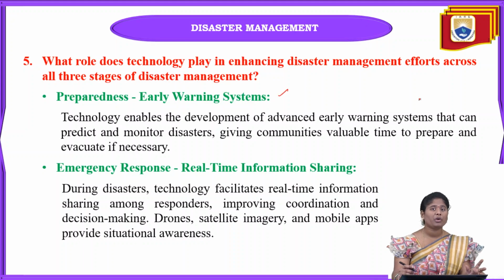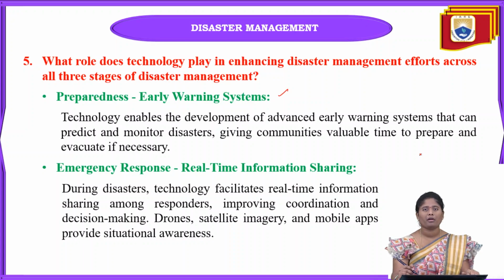First one is what we can do in the pre-disaster stage. Firstly, preparedness should be there, like an early warning system we can give to the people or the communities. We can say that in that area this disaster is going to occur, so please evacuate that area.